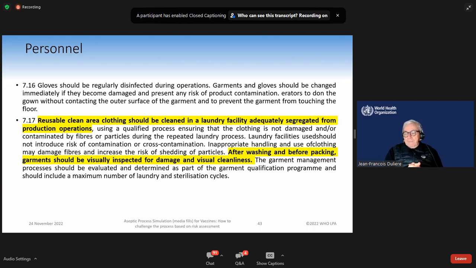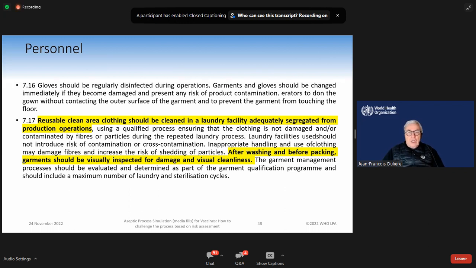Some companies are using subcontractors to take care of their gowning. So these companies will clean, pack, sterilize, and deliver the gowning to the facility.